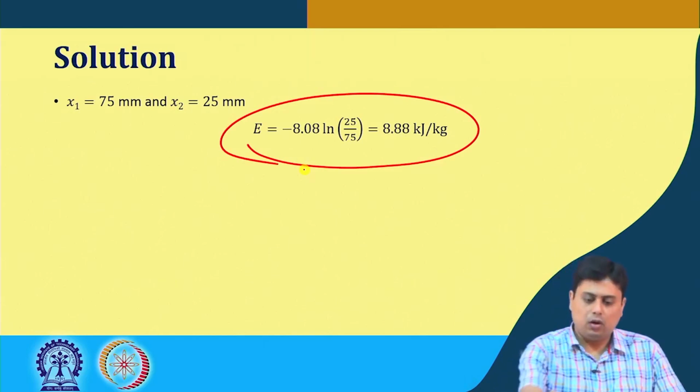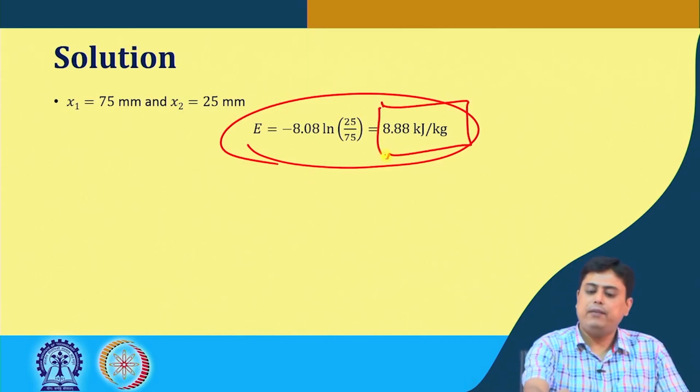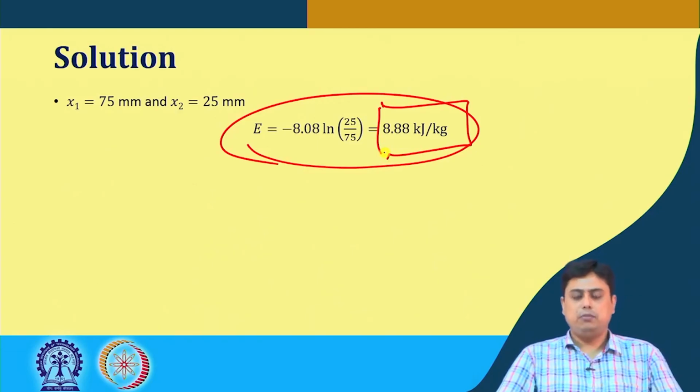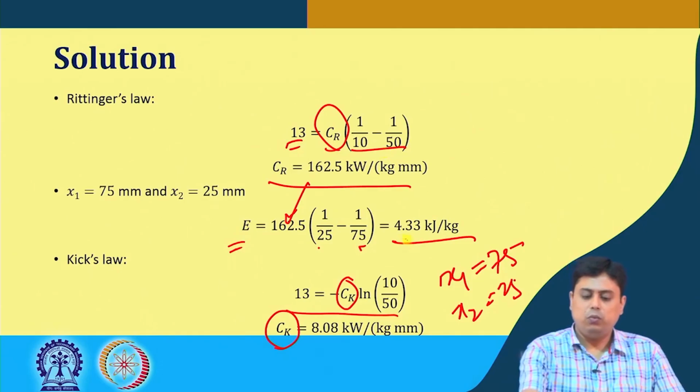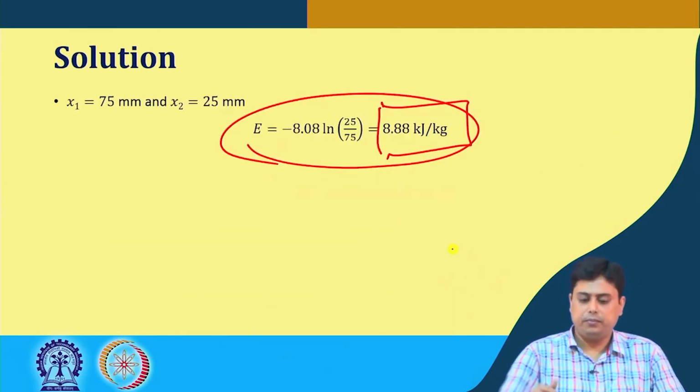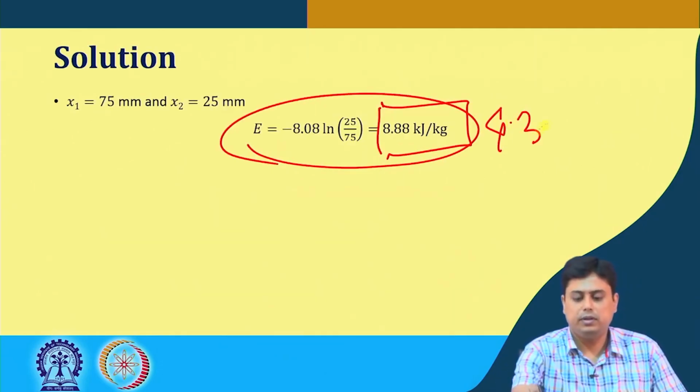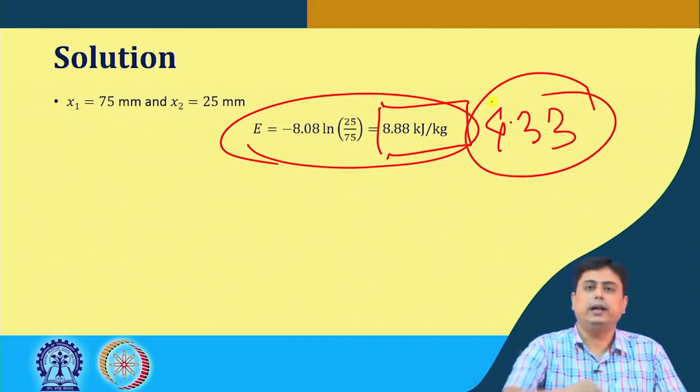So, from Kick's law, we have an energy requirement of 8.88. From Rittinger's, we had 4.33, double of that.